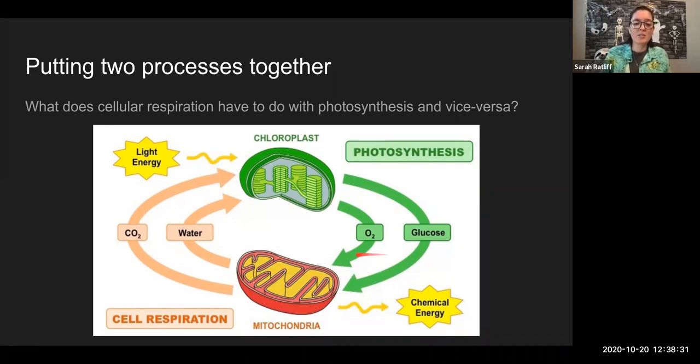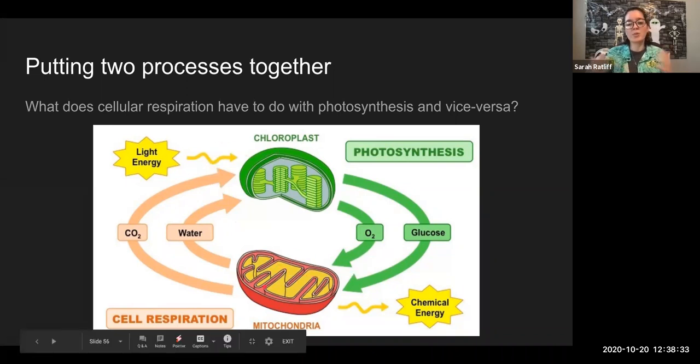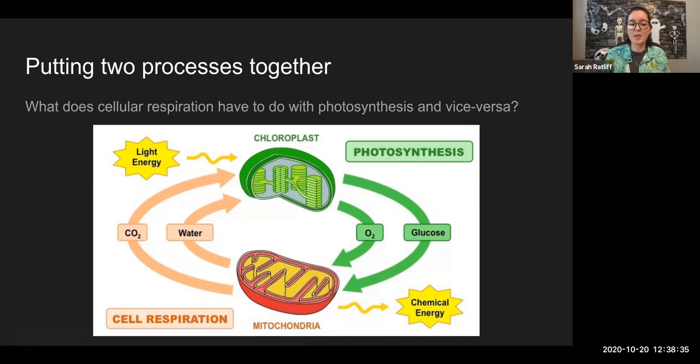We need that oxygen, we need that glucose, we're going to produce chemical energy, ATP. And our products, water and carbon dioxide, will then become important for our chloroplast to make more oxygen and glucose. So it's this connected cycle. We need photosynthesis to survive. Photosynthesis needs us to survive. We're conserving all of this carbon and energy.